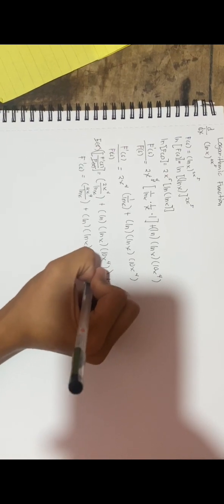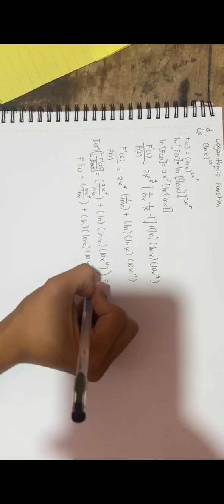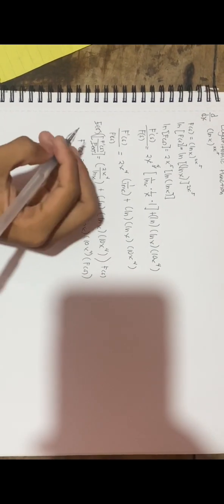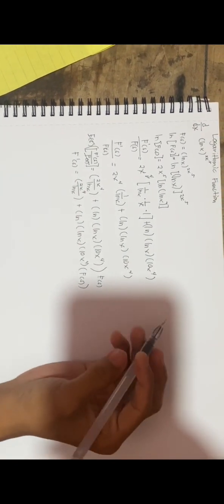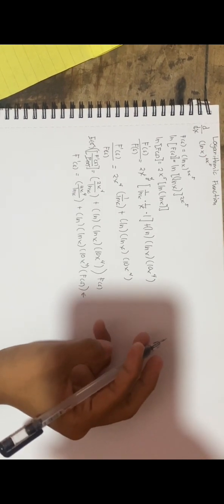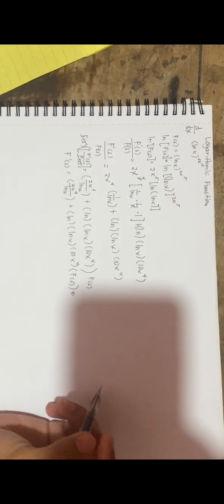Then x raised to 4 times f of x. Then what we should do next is we should replace f of x with our equation.